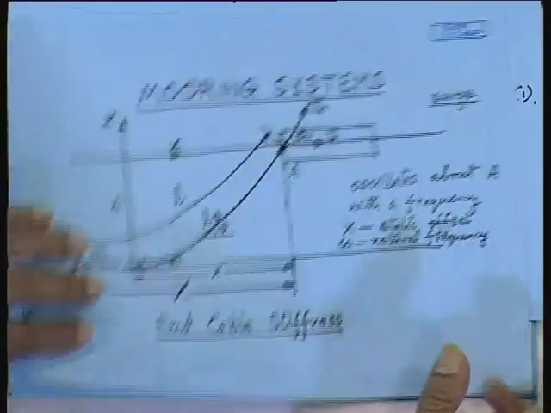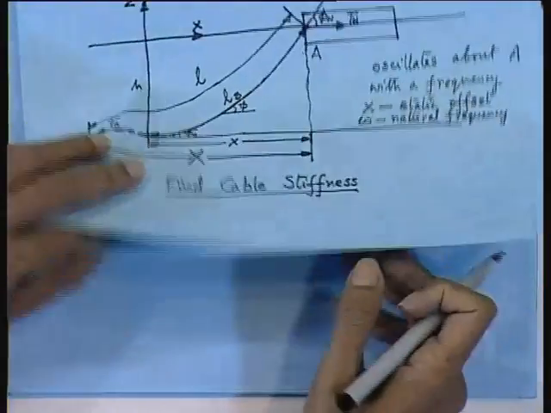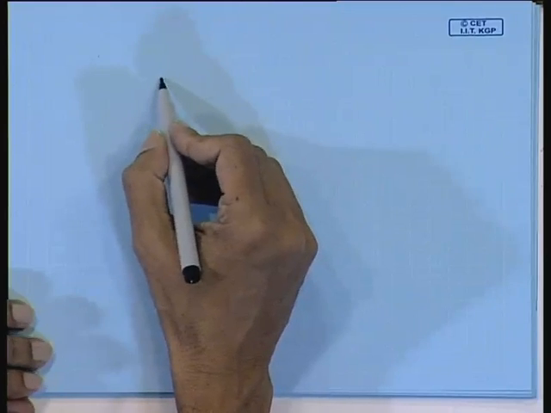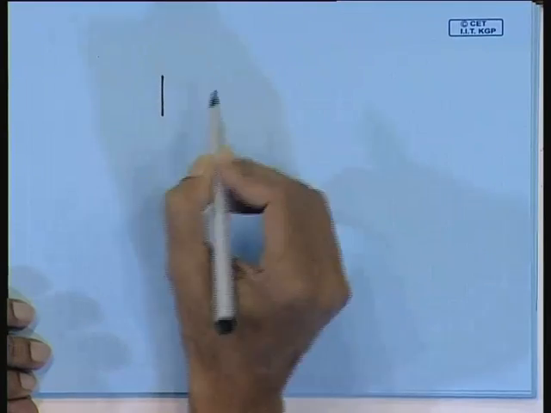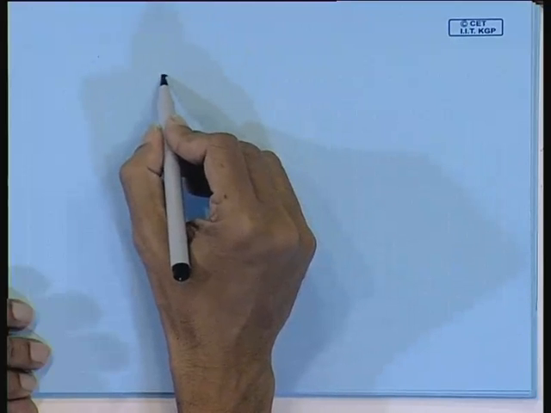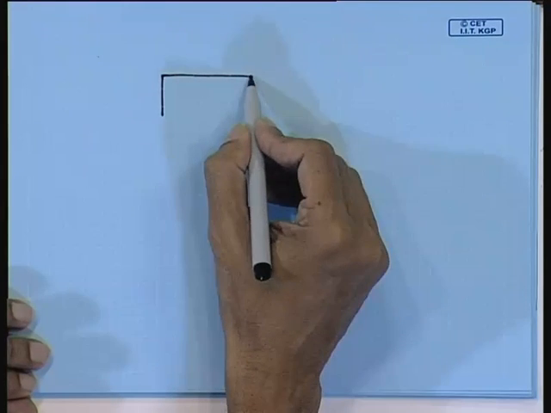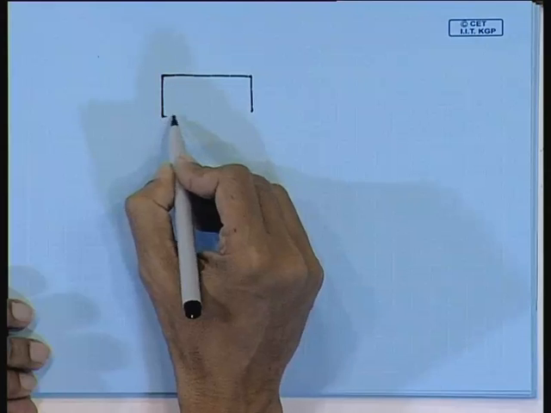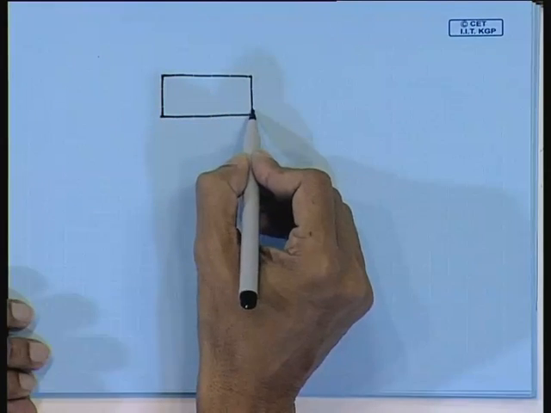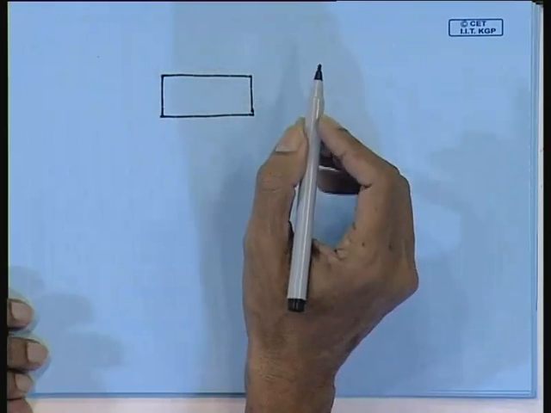So that means if you take normally a spread mooring system, say this is your offshore platform, say your semi-submersible or TLP for that matter, it will look like this. Let us take a semi-submersible. A TLP doesn't have a spread mooring system.